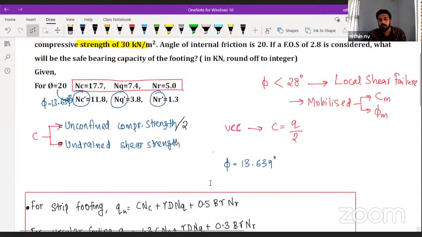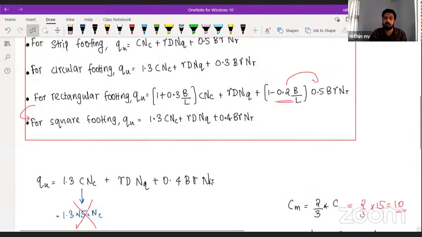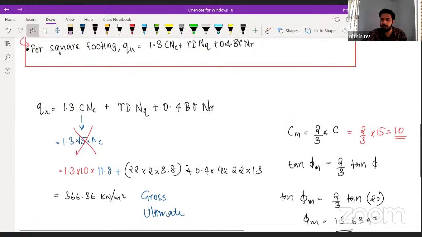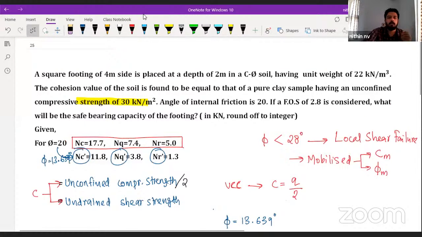This 366 is nothing but our gross bearing capacity or ultimate bearing capacity. Once they are asking what is the safe bearing capacity, we have to divide with the factor of safety.